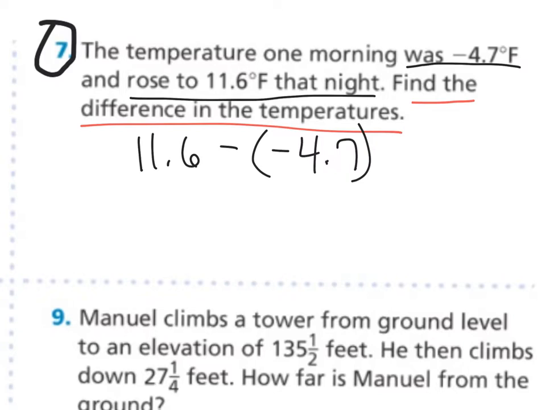Don't rush this. A lot of people I see do this. They just put 11.6 minus 4.7. They're on a speed mission to get the wrong answer. Okay, this is what we've got. Then we can add the opposite. They're both decimals. They're both positives. So we should be good to go to add these together.